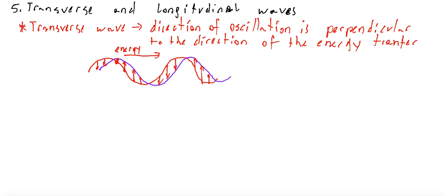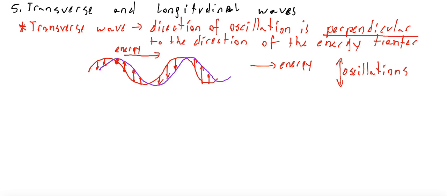Energy is transferred to the right, and the droplets of water, the water surface, vibrate up and down. So oscillations are in the vertical direction, and energy is transferred from left to right in the horizontal direction. You see, these two directions are perpendicular.